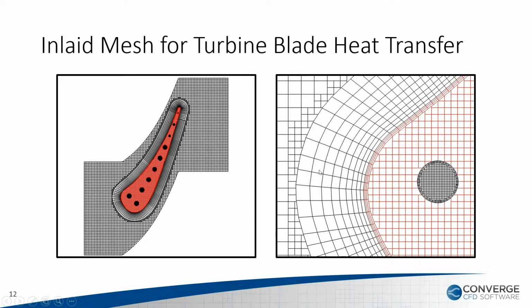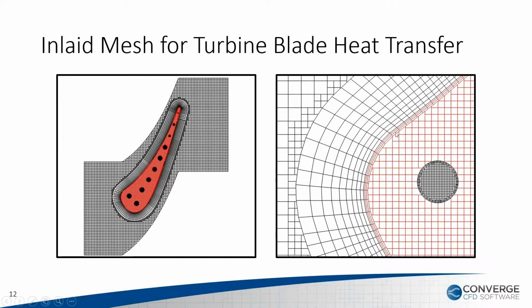So this mesh over here is the inlaid mesh. It is being surrounded by the Cartesian mesh, and this is part of the fluid domain. The turbine blade starts where we have this red mesh starting. The red mesh corresponds to the mesh on the solid side, so that's inside the turbine blade.